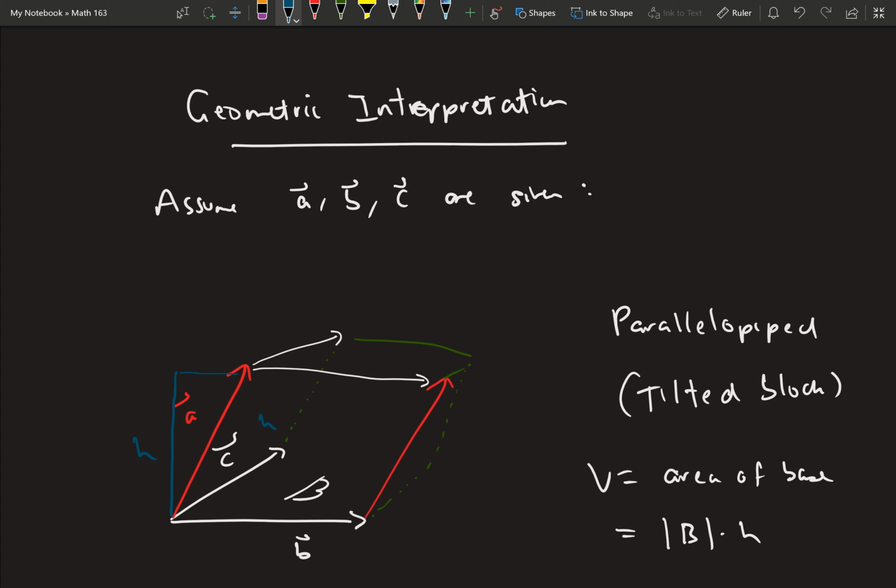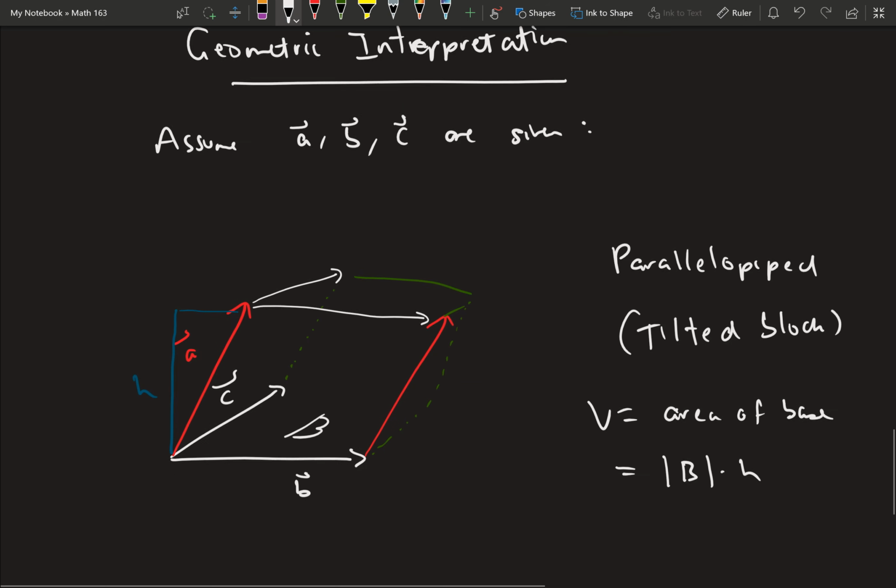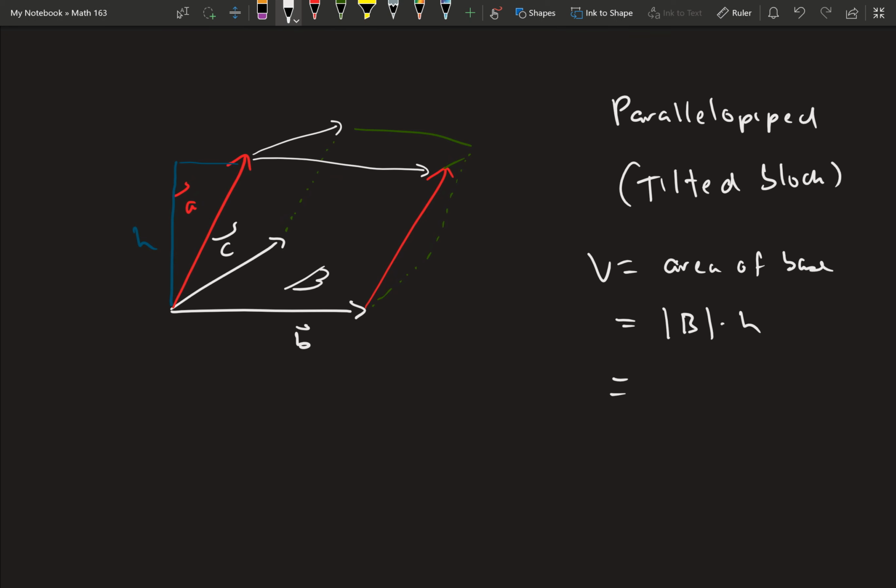So this is H. Now, we already know from our previous result that the area of the base is the length of the cross product B cross C, right? So this is not a dot product, it's just multiplication, by the way, guys. H is just a scalar quantity. This is the volume. Well, what is H?